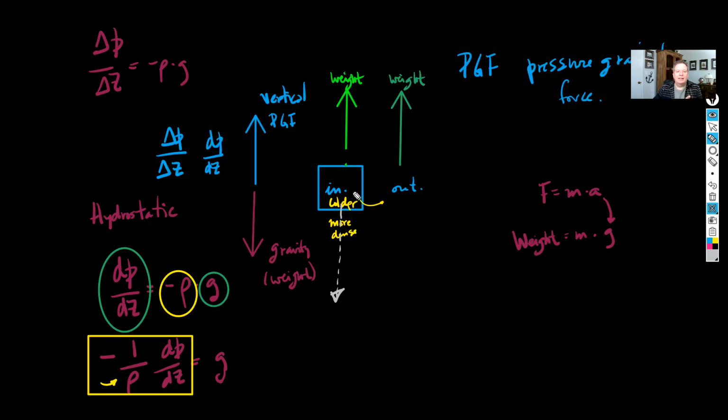But the reality is the downward parcel movement is because the upward force, the vertical pressure gradient force, is going to be less. Gravity wins. You could look at it in this equation, or you could also look at it in this equation in gray.